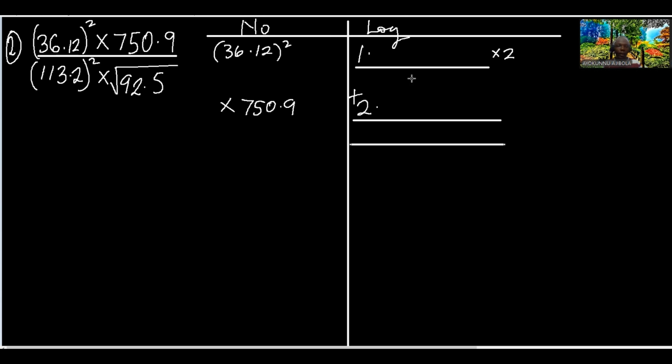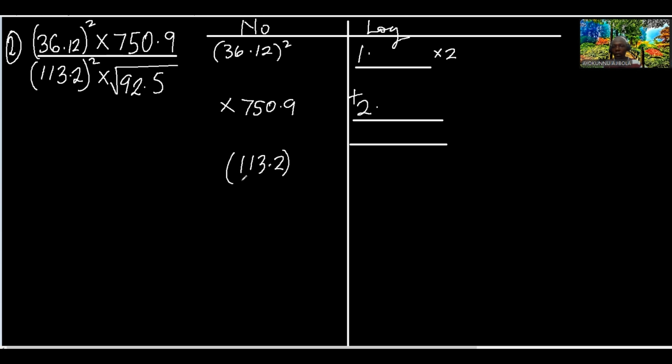Let me try and reduce the space so that I can have some spaces here. Once this is done, I will move to the denominators. The first denominator there is 113.2.